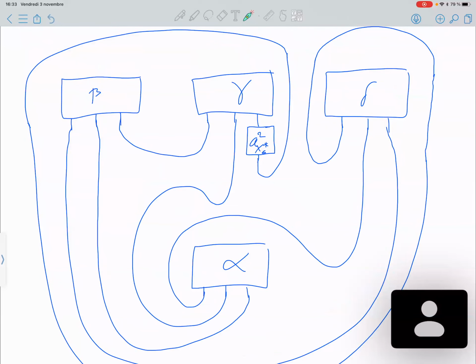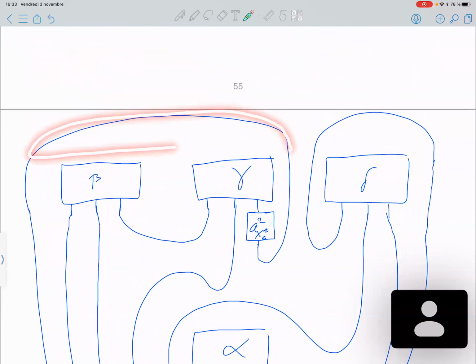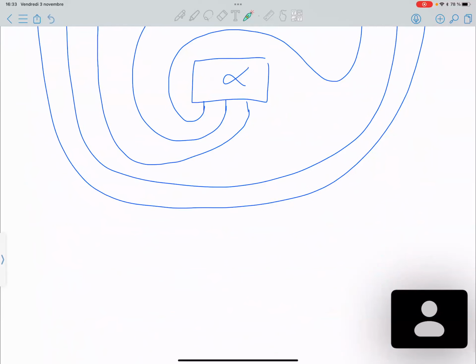But we are not finished here. This is not the shape of the monoidal tetrahedron defined initially. So we need more things. So we will apply some zigzag relation.